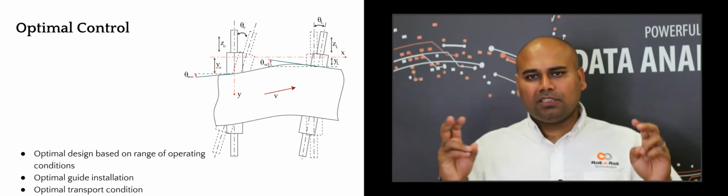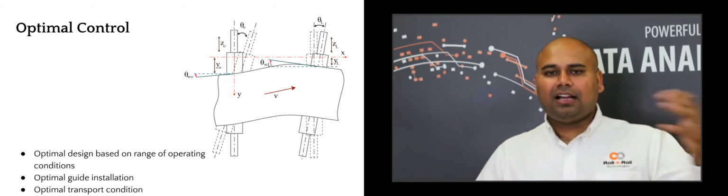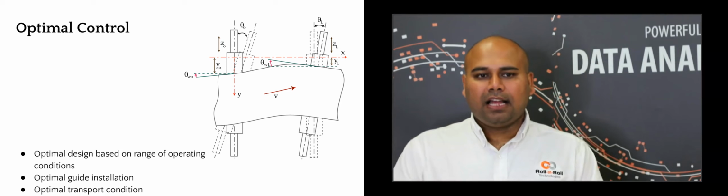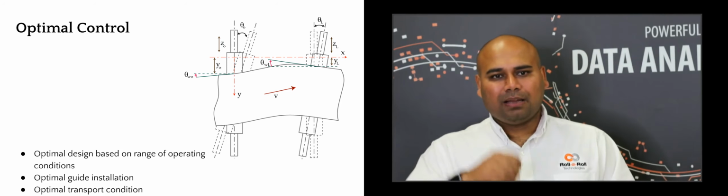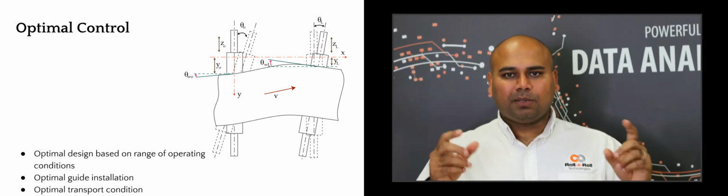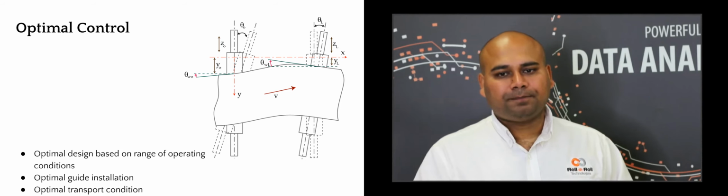And optimal means not just the control system, but also the transport conditions, the installation, and things like that. So this is also available. I don't have a reference there at the bottom, but you can look at optimal web guiding on Google search, and you would find papers about this there.